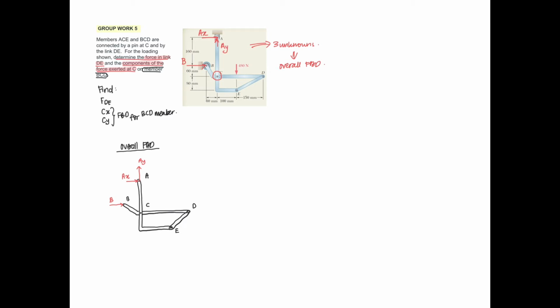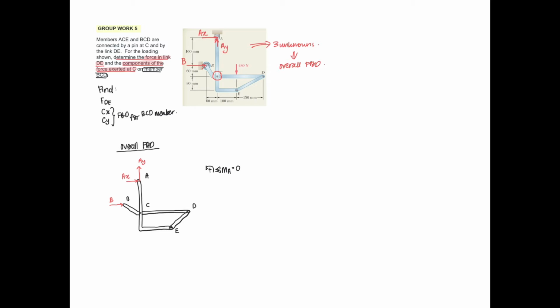Okay, so we have to apply the equilibrium equation. We have summation of moment, summation of Fx and summation of Fy equal to 0. Let's start with summation of moment. So again, we have to refer to the point that have more forces. For this case, we refer to point A equal to 0.